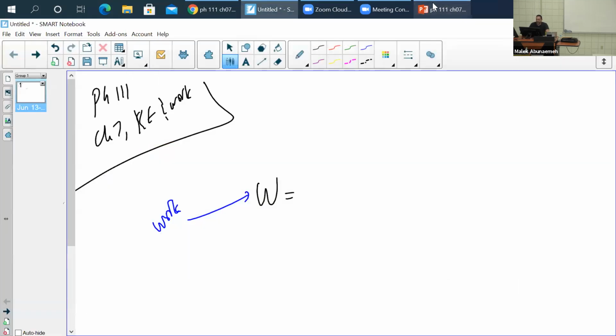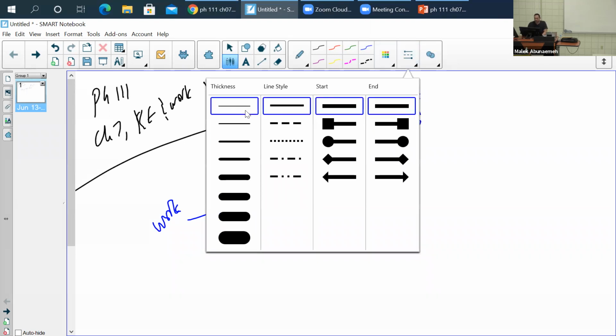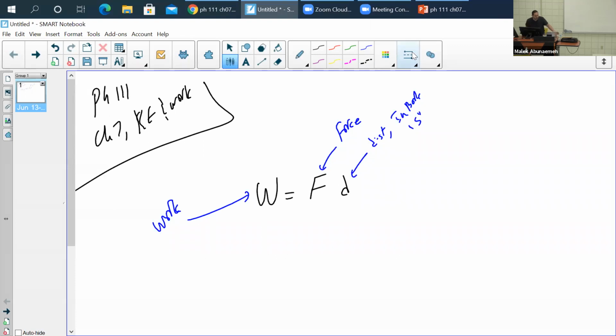Let me go ahead and mark this up. This is your force, and this is your distance. Now, in your book, you'll see it marked as S, but I'll let you use D. So we're going to stick with D for a second until I finish.